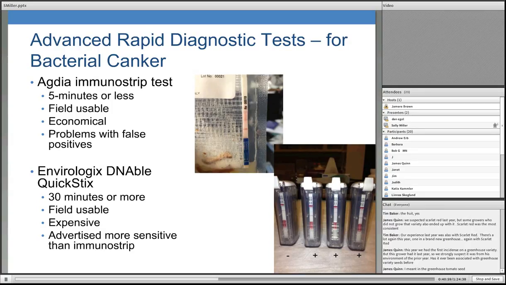Again, we don't have data on this, but it's advertised to be about 100 times more sensitive than the Agdia immunostrips. Agdia is also working on a similar DNA test, with a little bit different technology, but as far as I know, it's not out yet. So these are tests that you may have access to at some point. Just be aware of the pluses and minuses of working with them.